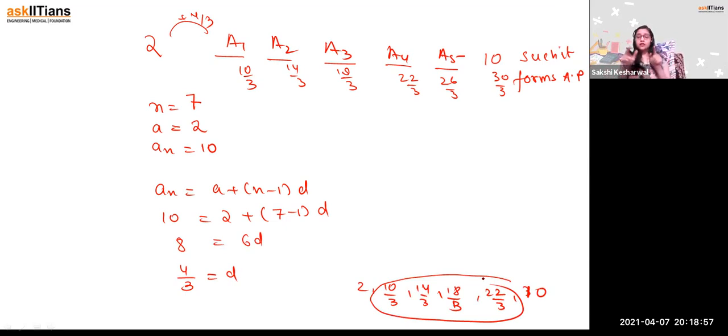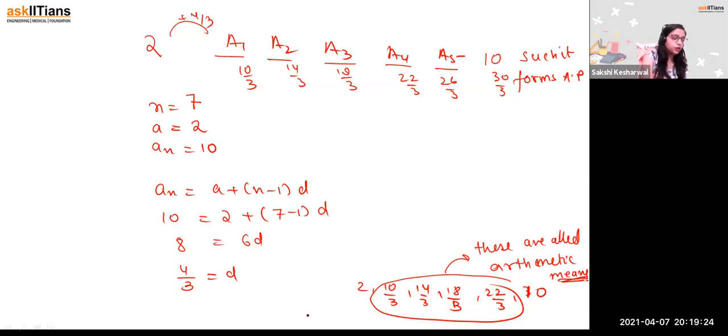And these A1, A2, A3 and A4 are called arithmetic means, because when you insert these numbers between the two given numbers, the sequence becomes an AP. Hopefully you understood this question, right?